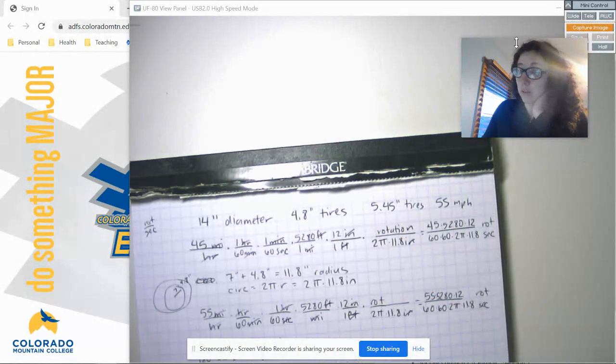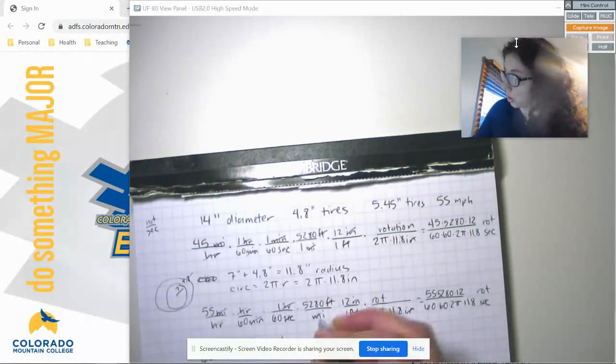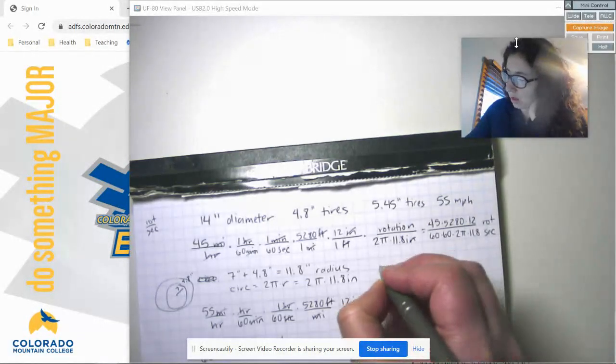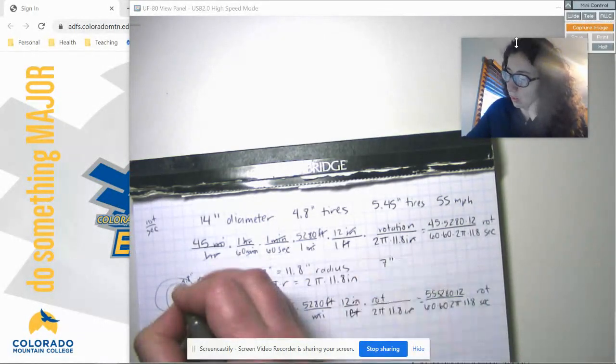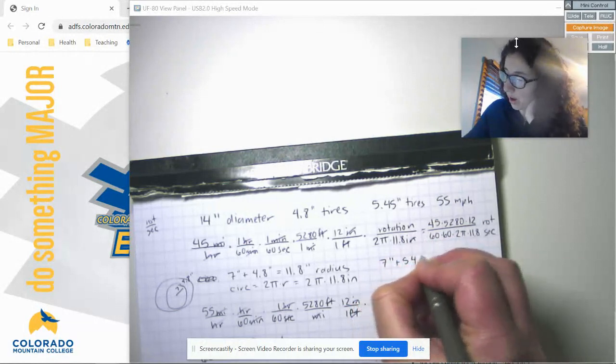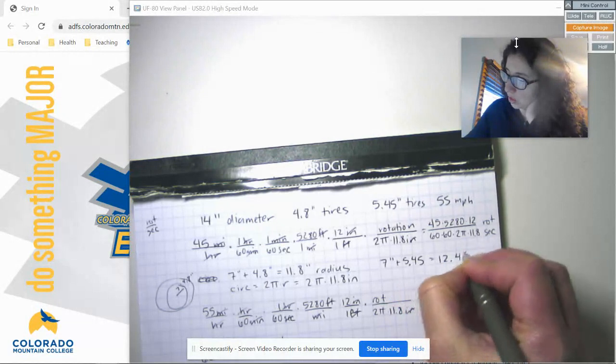You might be a little more clever than me and not have to go all the way down through miles, right? But let's find out how fast we're actually going. So one rotation is actually how far? Well, in this case, it's still going to be 7 inches, but now instead of 4.8, we have 5.45. That's going to be 12.45 inches.